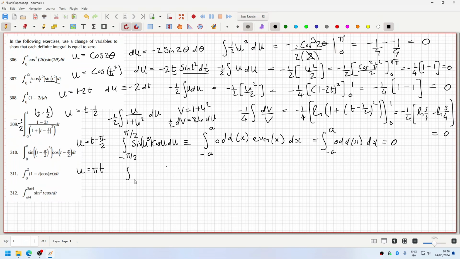So this becomes integration from 0 to 2 pi, 1 minus t, which is u over pi, cos u dt, and du equals pi dt, so that's 1 over pi du.